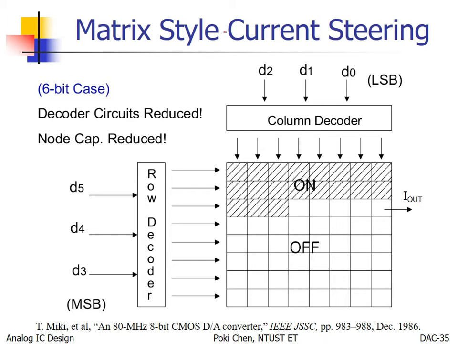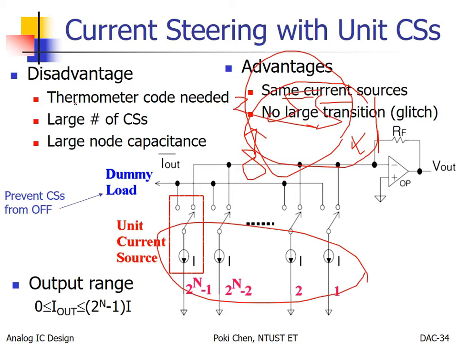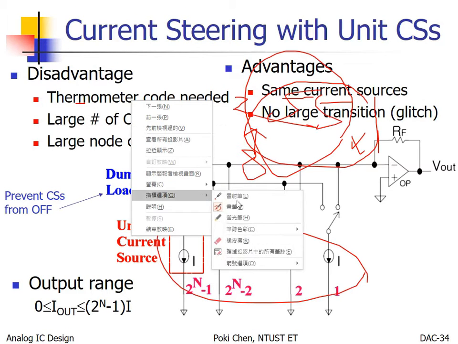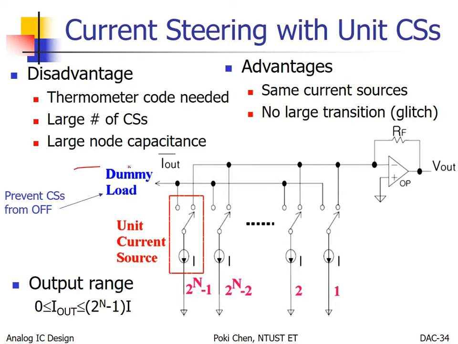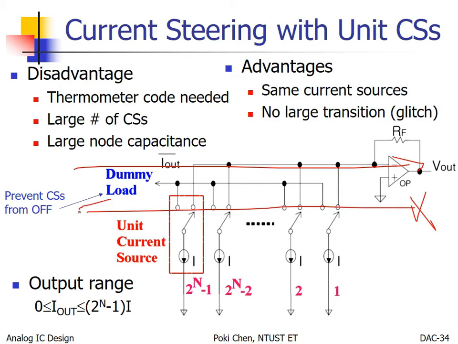This is something that can help: matrix style current steering. In theory, the current sources are arranged in a long line. You turn them on from the right to the left, gradually, one by one.